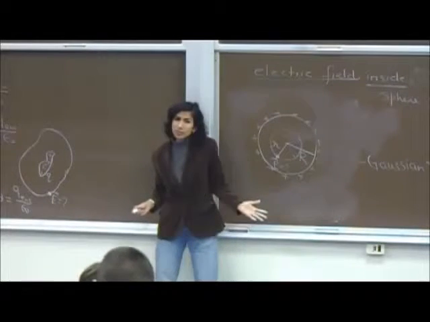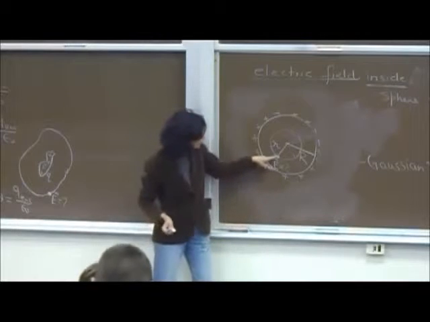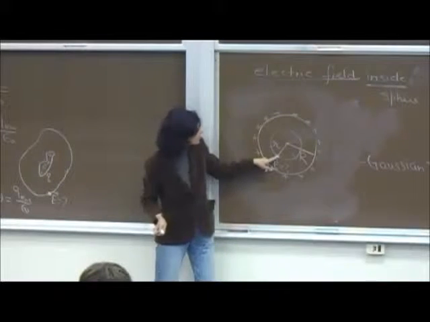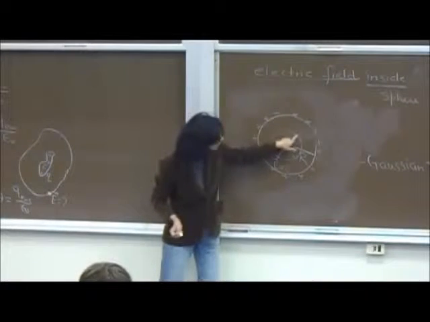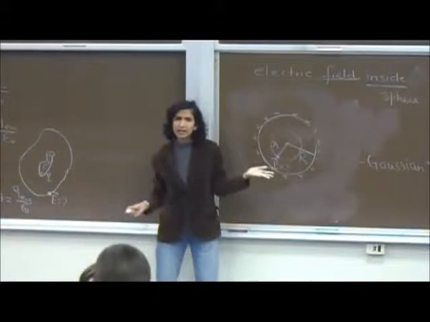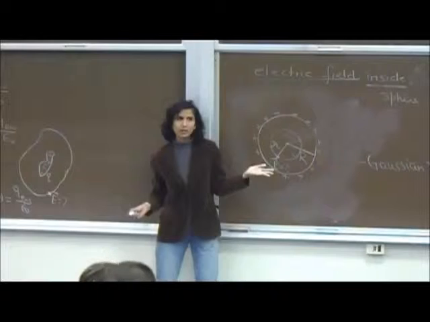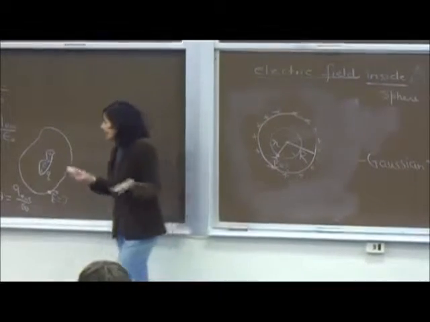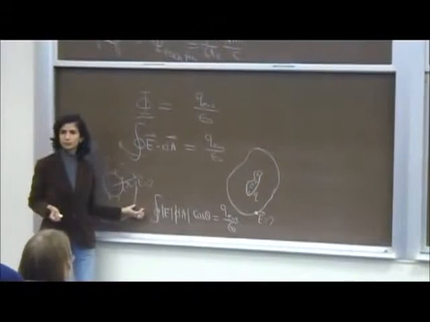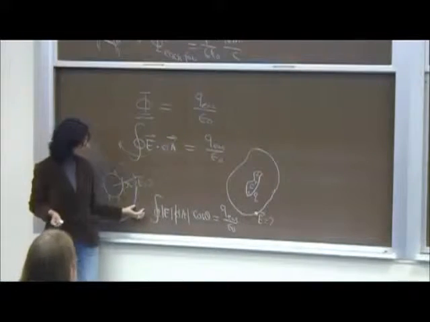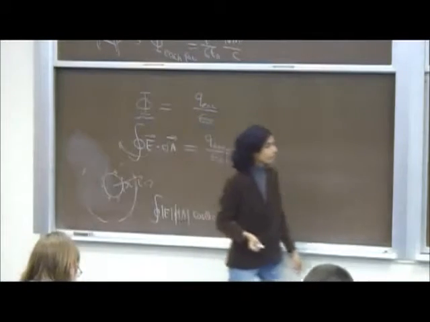You know, from the symmetry of this problem, can you see that this point has exactly the same symmetry with respect to these charges as this point or any other point, right? Do you see that? So because of that, again we can say, hey, we can pull the electric field out, right?